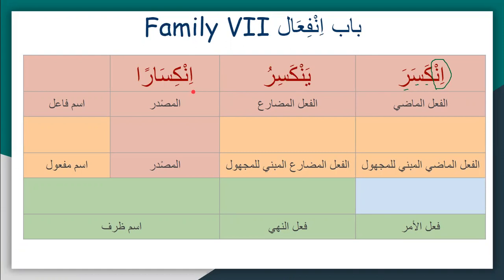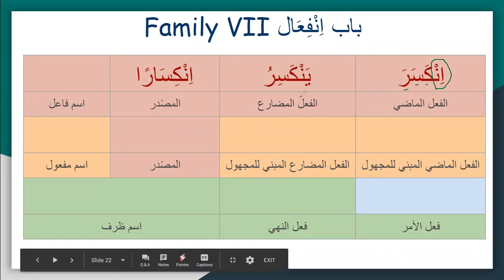Say it with me so it will help. Inkasara, the fail madi is inkasara. Yankasiru inkisaran. We know how to make the ism fail, right? We can make the ism fail from the fail mudari.